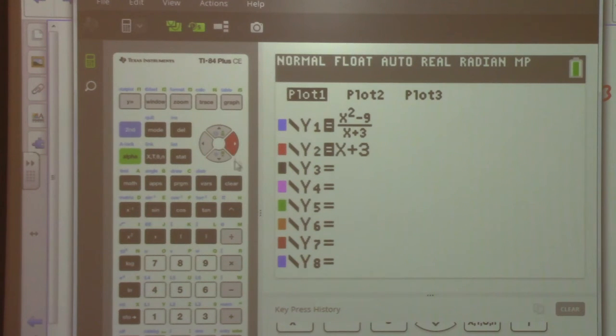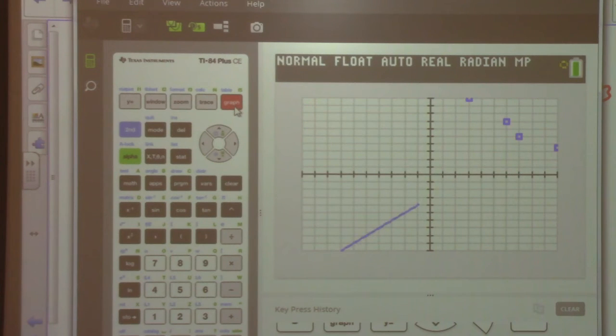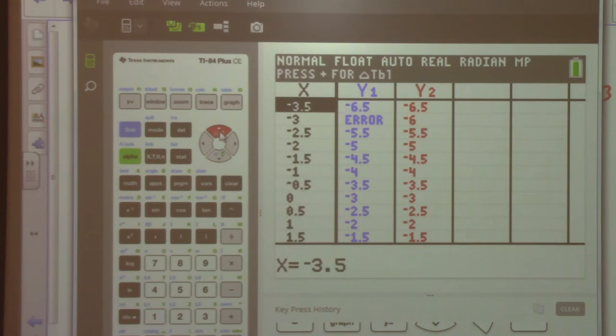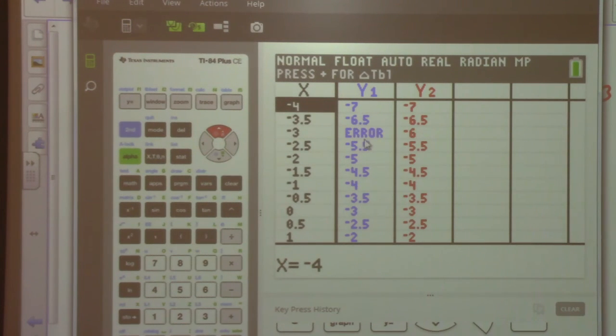Now I got it right. Is that it? Okay, yeah. You go to the table view, and you can see right here at x equals -3, in the blue one, we have an error, but otherwise it's the same, isn't it? So just be careful about that and watch for these.